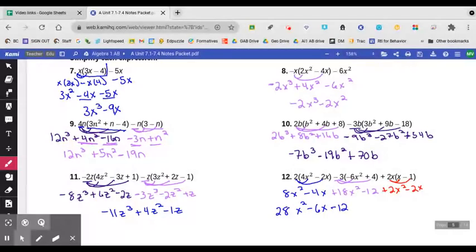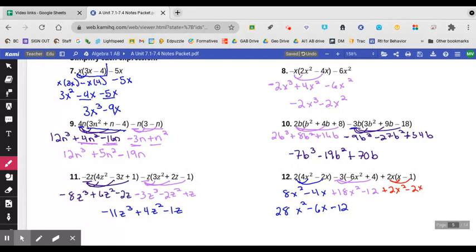Number 10, I distribute the 2b to the first parenthesis. Then I distribute the negative 3b to the second parenthesis. I then combine like terms for our final answer of negative 7b cubed minus 19b squared plus 70b. Number 11, I distribute negative 2z to the first parenthesis and negative z to the second parenthesis.